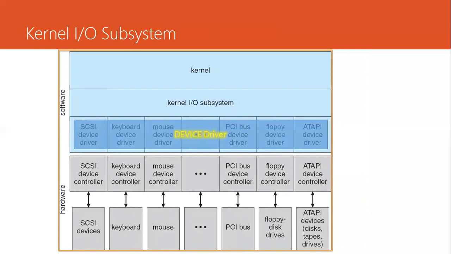So let's take a brief look at the kernel structure for the I/O system. The kernel tries to hide all these different structures and ways of interfacing them. So a typical structure of the kernel has a kernel I/O subsystem that presents a standard set of interfaces to the kernel and to the user as well.